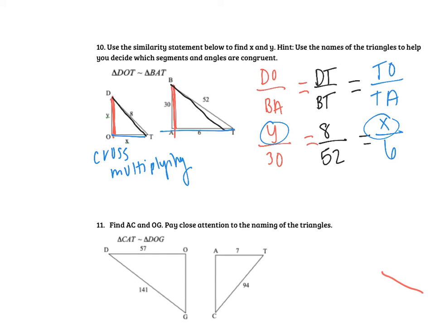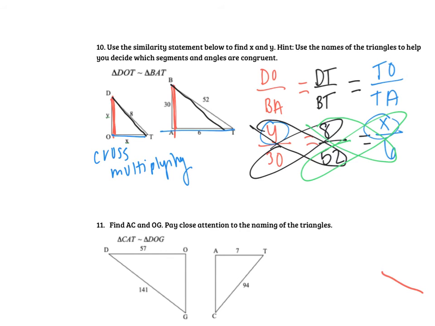You guys are going to use what you know about proportions to solve for those. To find Y, I'm looking right here. I'm going to solve this proportion by cross multiplication. And then to find X, I'm looking right here.